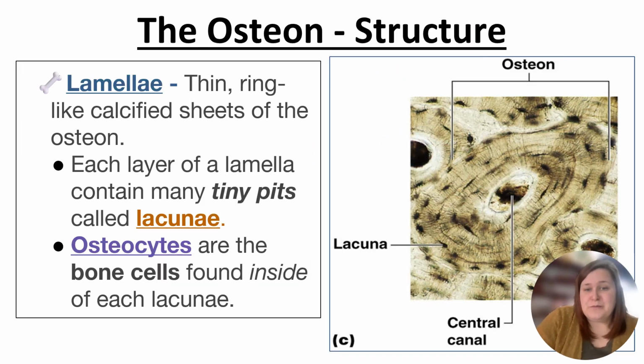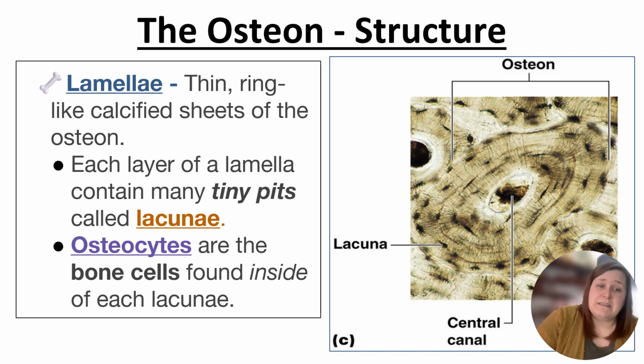So let's zoom in a little bit on the osteon and talk about what is contained within it. So within the osteon, we will see lamellae. Lamellae are going to be thin, ring-like calcified sheets of the osteon that almost look like tree rings. So each layer of the lamellae is going to have lots and lots of little tiny pits.